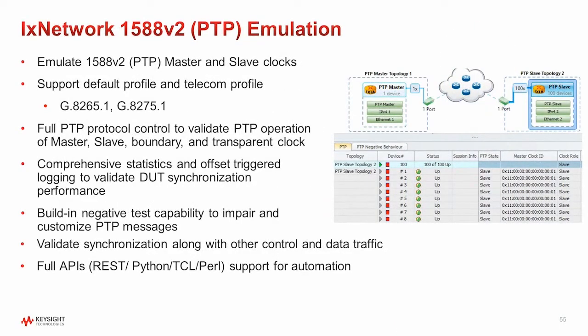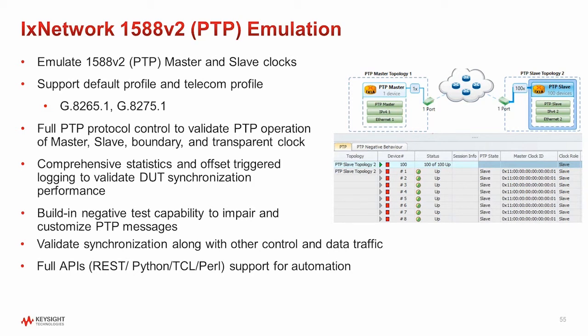IxNetwork provides PTP emulation based on the 1588v2 standard and the ITU-T G.8265.1 telecom profile. And IxNetwork can actually emulate master clock, slave clock, and a transparent clock. It supports all transport mechanisms such as Ethernet VLAN, IPv4, and IPv6.